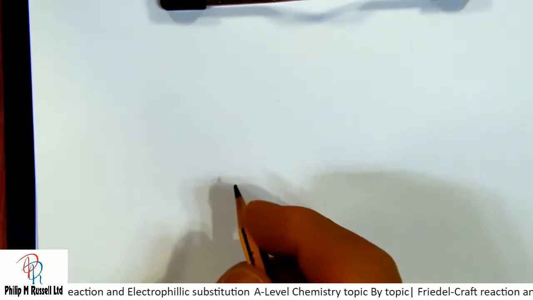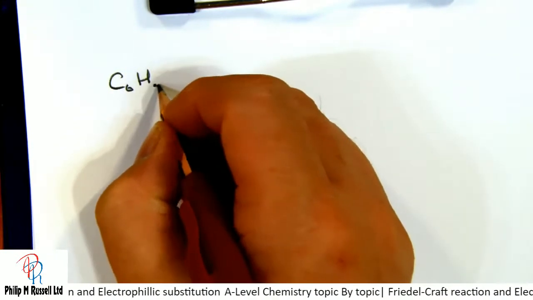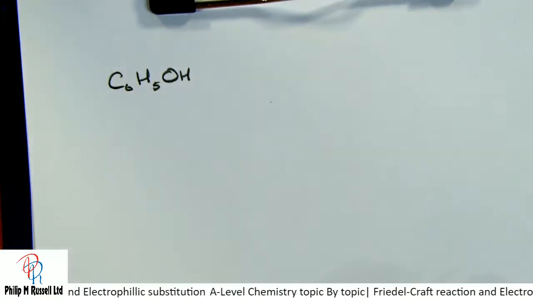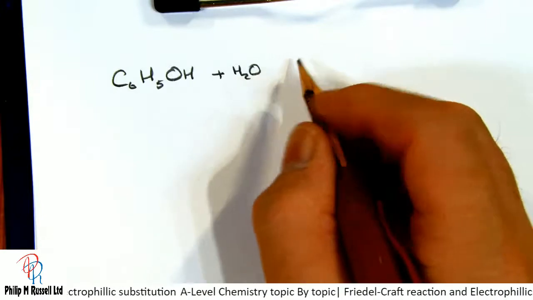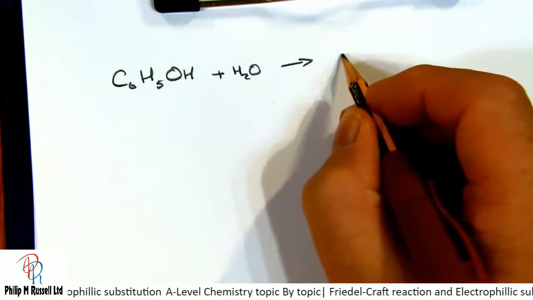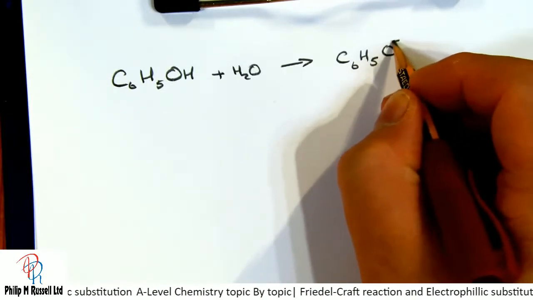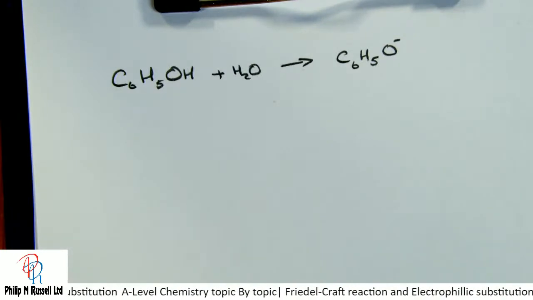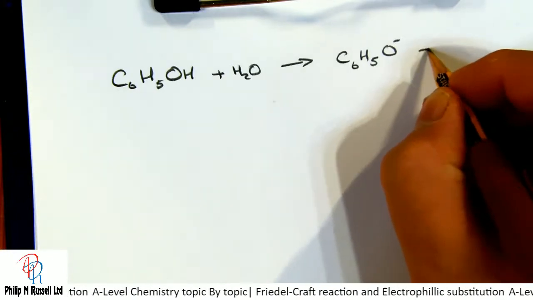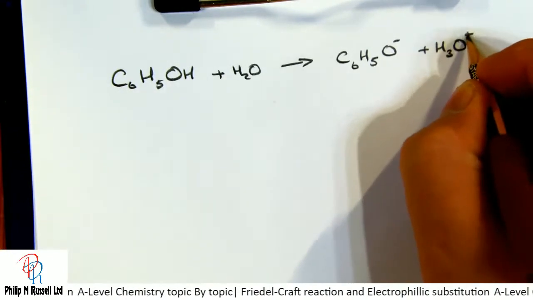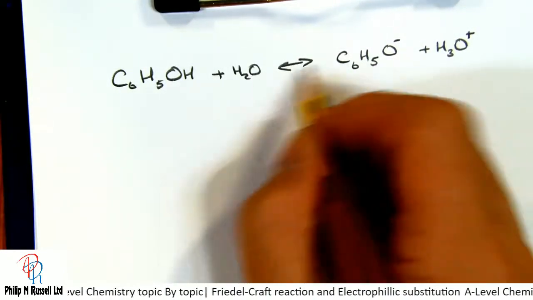So if we have our C6H5OH and we add this to some water, which is necessary to make an acid, then we get our C6H5O- and we get H3O+. And of course this can go both ways.